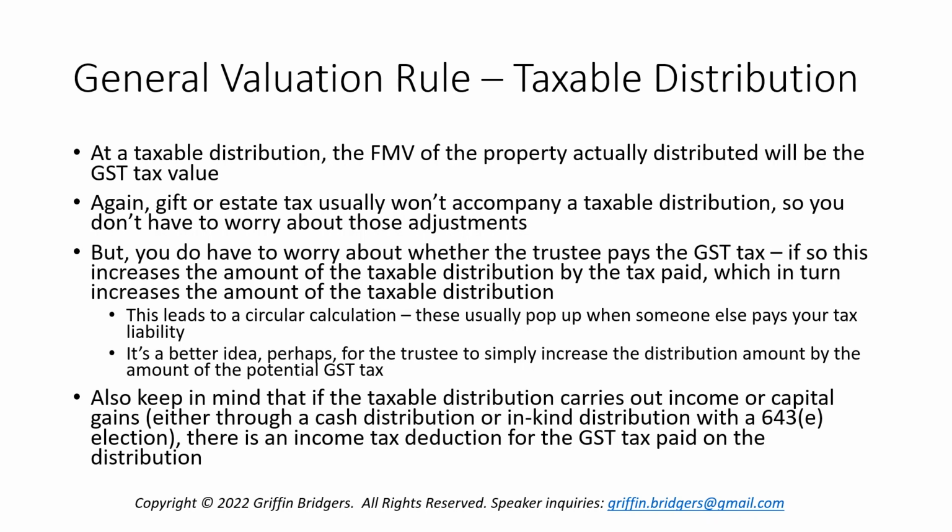Now, you might also want to keep in mind that we looked at this earlier, that taxable distributions can also be subject to income tax. If the taxable distribution carries out distributable net income or even capital gains, perhaps through a cash distribution or maybe an in-kind distribution where there's a 643(e) election to treat that as if the trust sold the property for fair market value, then the skip person has an income tax liability and a GST tax liability on that distributed property.